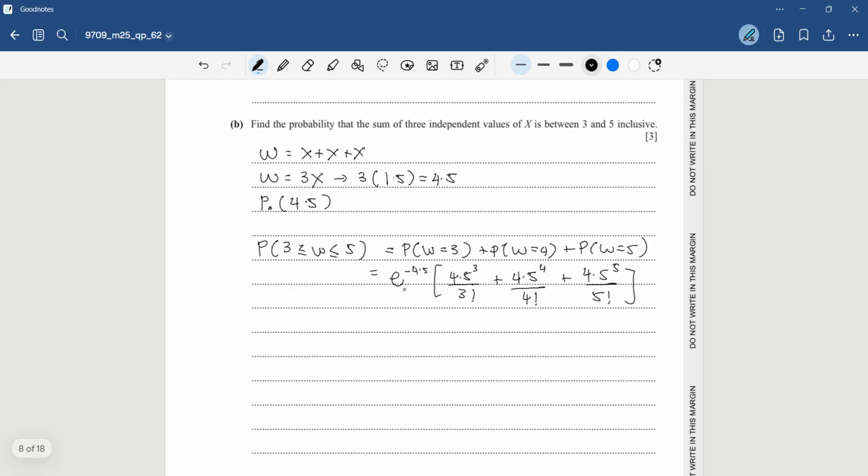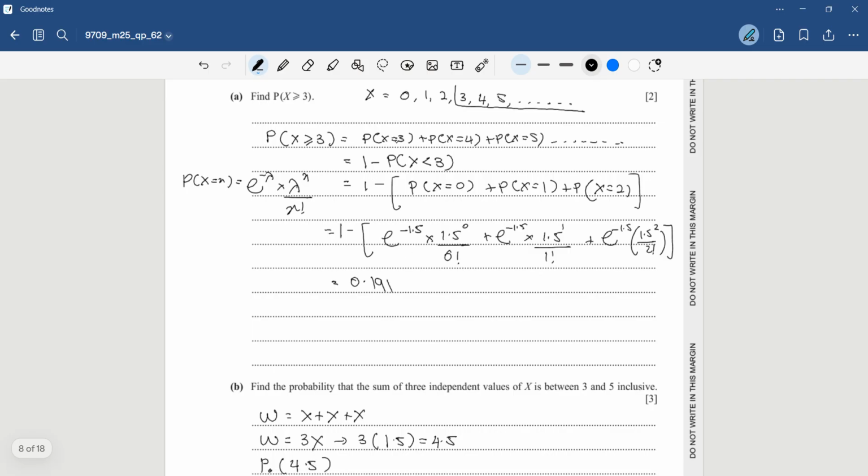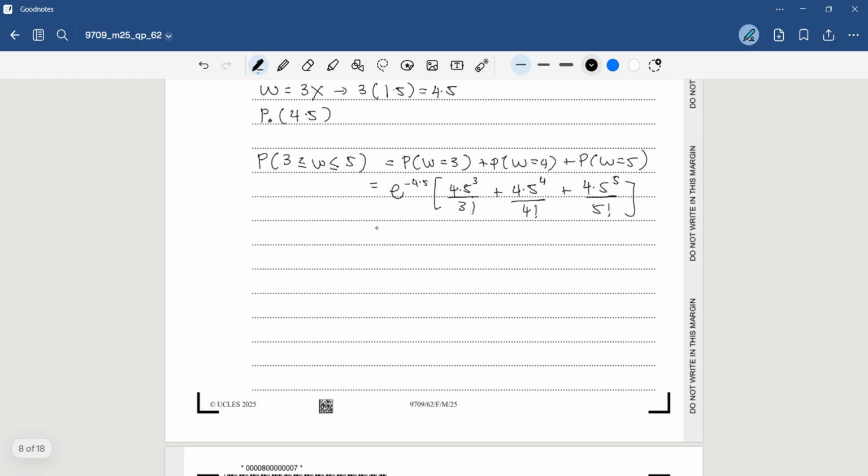I just factorized out the e to the power of negative lambda because it appears in all the terms, which makes my calculation easier. You just press this in your calculator and you should get 0.529.